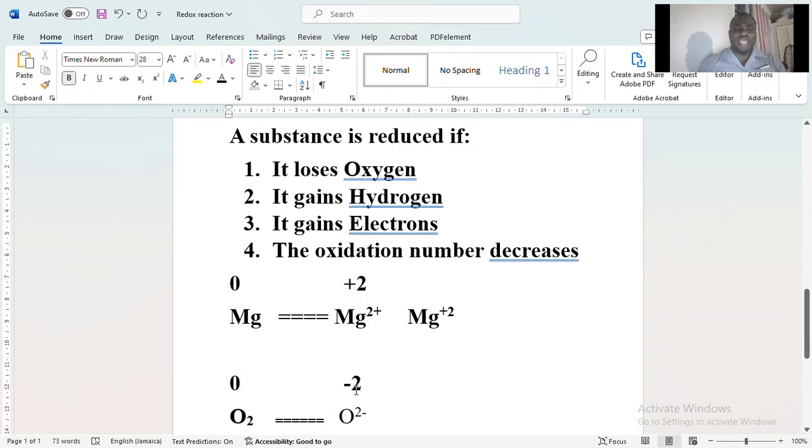Now, oftentimes students ask me this question: why is it that the element is gaining electrons, yet still we're talking about it decreasing? What it is gaining is actually negative. So the electrons are the ones that are basically being passed on to the oxygen, right? And so it is decreasing.